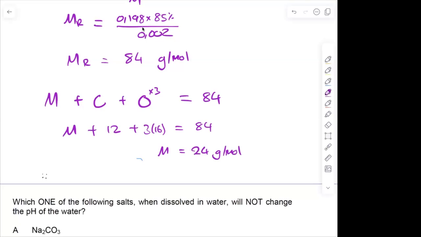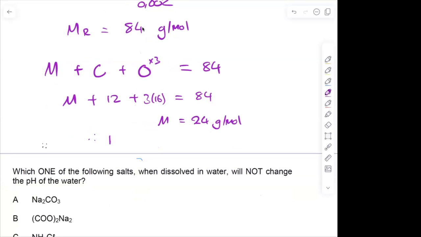And then if you take 24 grams per mole and you look at your periodic table, what metal has a relative molecular mass of 24? Well done, Wakile. You were very quick with that one. Magnesium. Magnesium becomes the metal we're dealing with, right? Therefore, M equals magnesium.